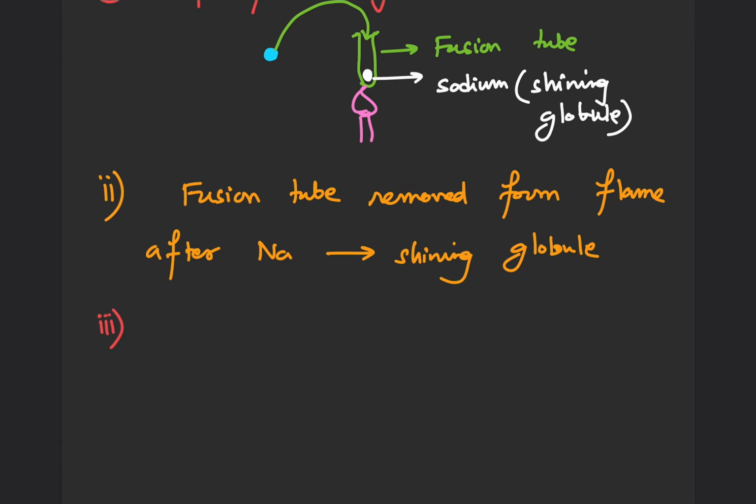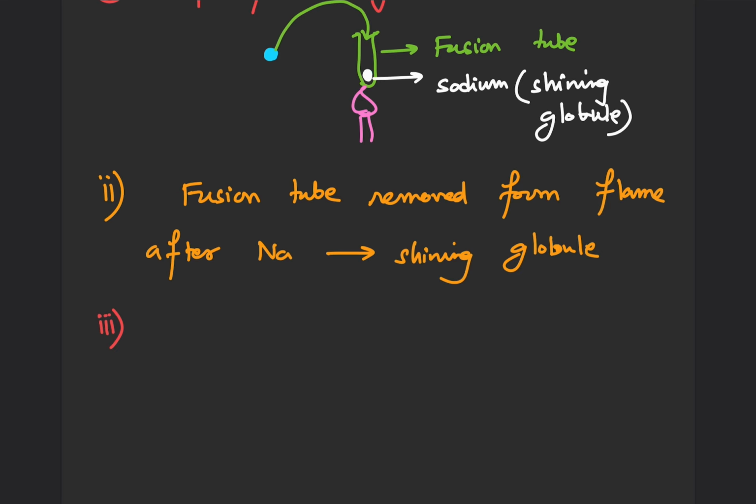In the third step, we take a small amount of the organic compound which we are supposed to test for the presence of nitrogen, sulfur, and halogen. So we take maybe 50 to 60 milligram, then we add it, and then we again heat the fusion tube strongly till it becomes red hot.